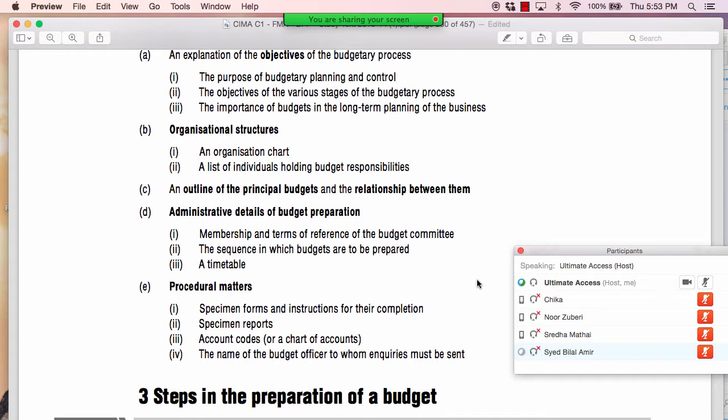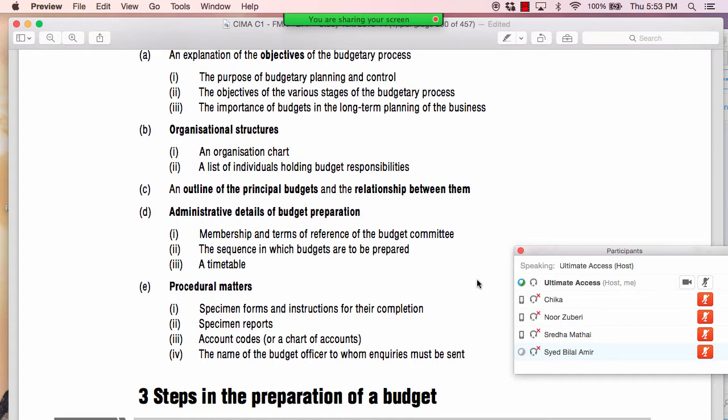Srida, why do you think you need to have this organizational structure in the budget manual? So that we don't leave out any of the departments. Correct, because remember the budget manual is something for the organization, plus it is important that it is a form of documentation available for new employees as well.